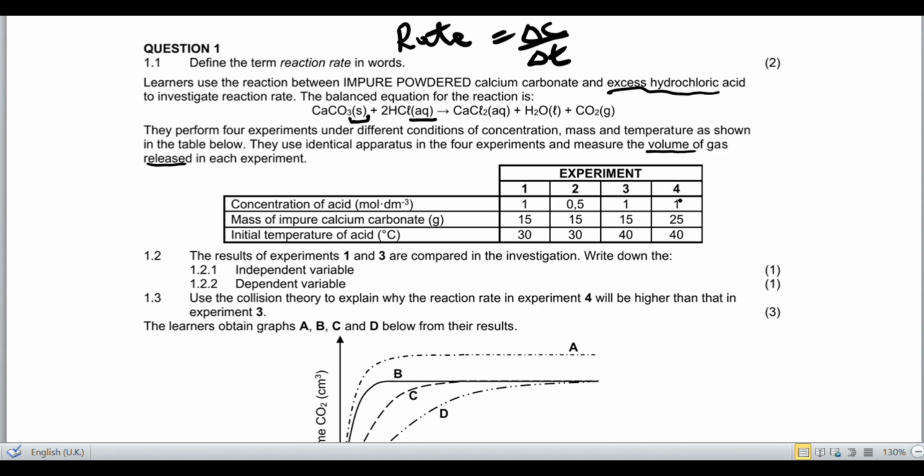Then if we look at 1 and 4, the concentration is the same, 1 and 1. The mass here is 15, and here the mass is 25. The mass has changed.